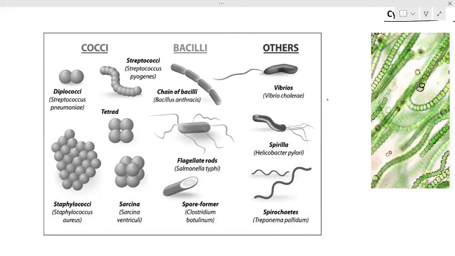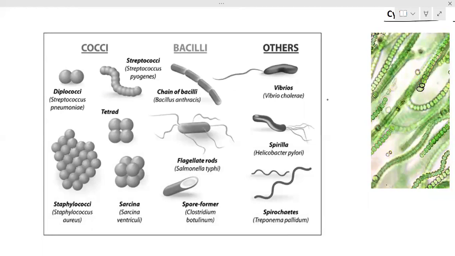Now remember one thing, Vaibhavi. Sometimes I say prokaryotic cell, sometimes I say bacteria. It is one and the same thing. All bacteria are prokaryotic cells, so we can use either term. Meaning is one and the same. Okay.